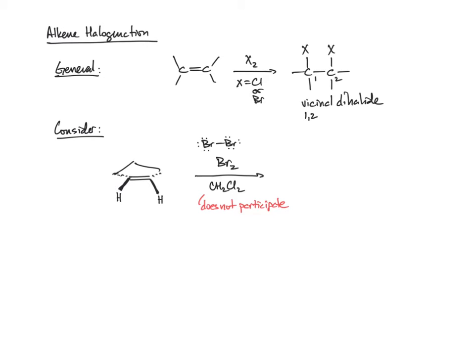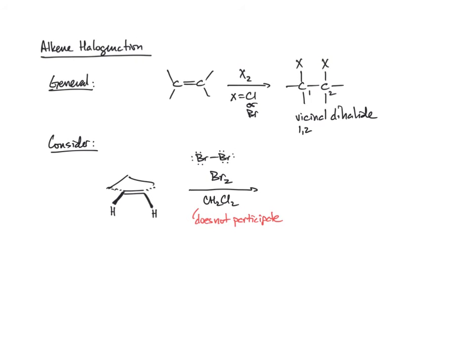So what ends up happening is that the bromine approaches the alkene in the following fashion. It's more like orthogonal rather than parallel.